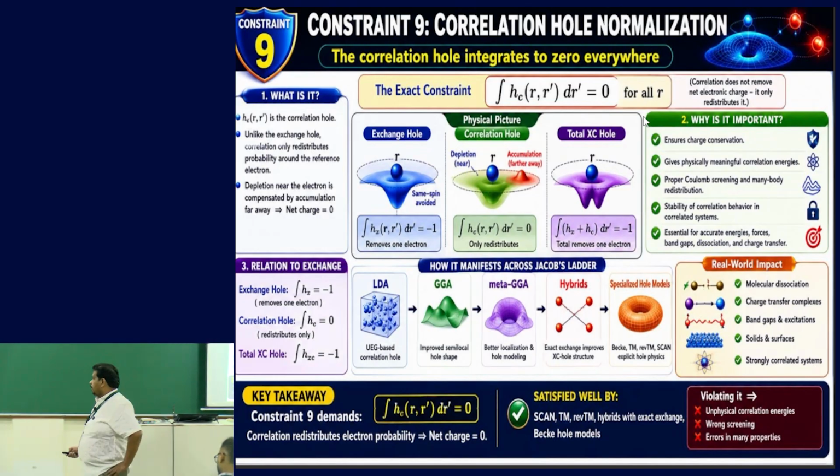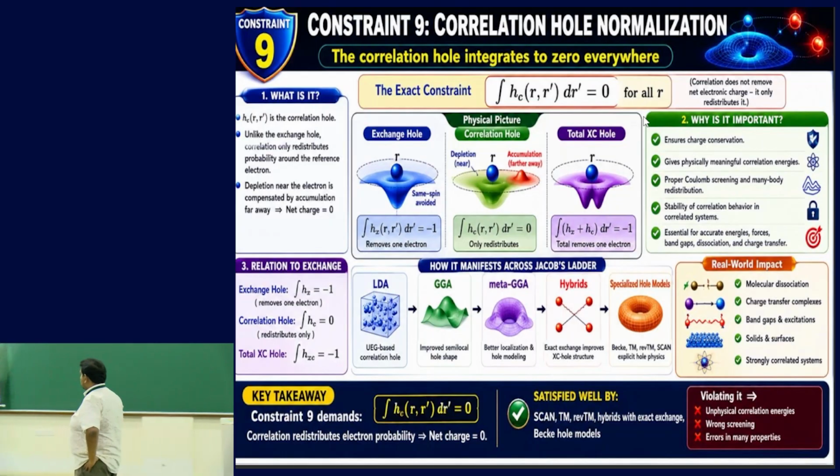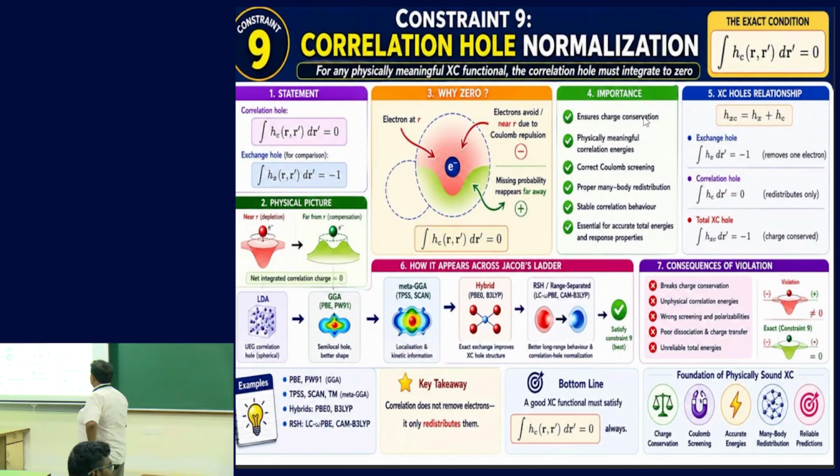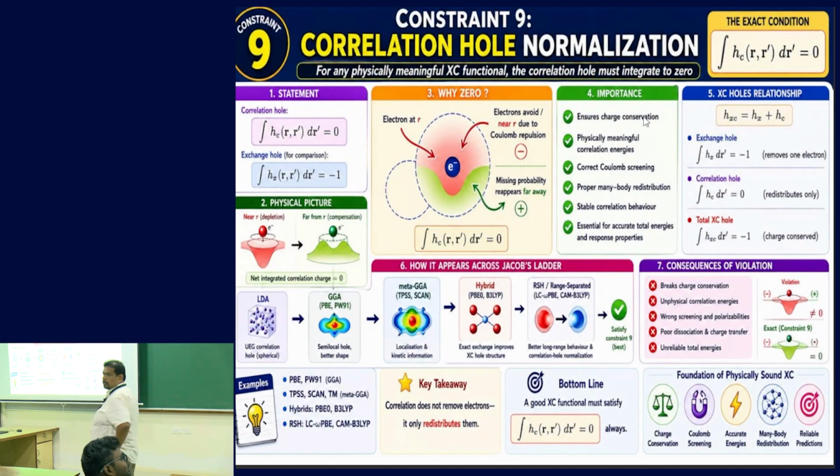Okay. So that is the thing, and this is another picture of the same. You are asking now this. Now you look at this exchange correlation hole, how it will look for this GGA, meta-GGA, and all these things. Okay.